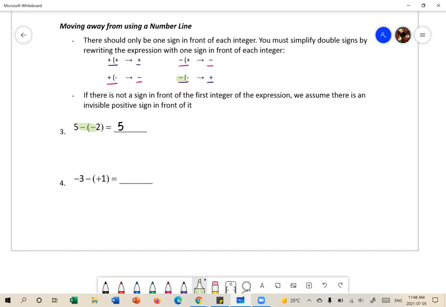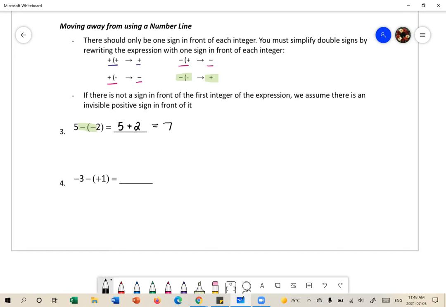So 2 negatives will equal a positive. I'm going to rewrite subtract -2 to just +2. Okay, so now each integer only has one sign. And now that's easy for us to add. 5 plus 2 is equal to 7. We just simplified this expression without using a number line.